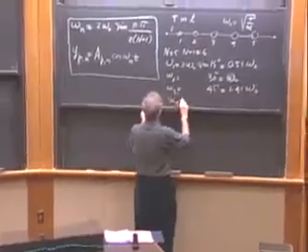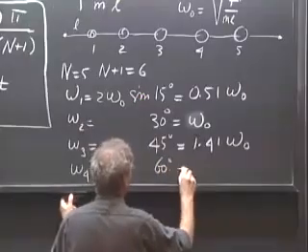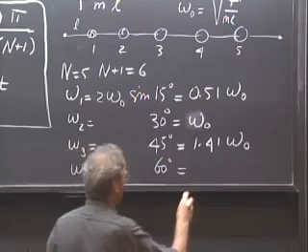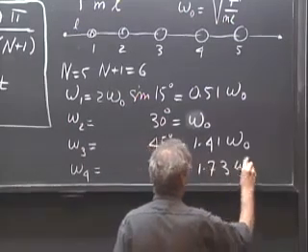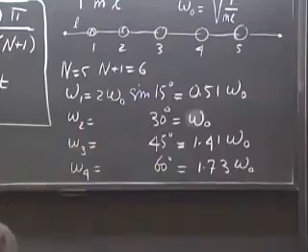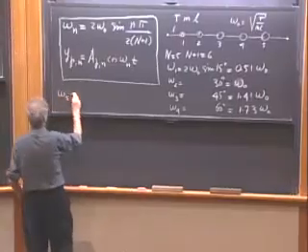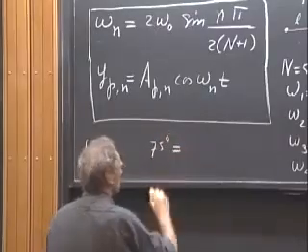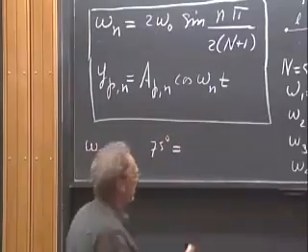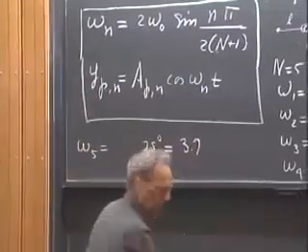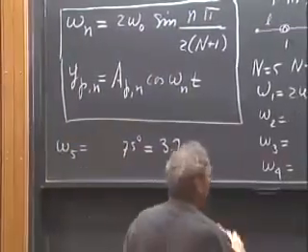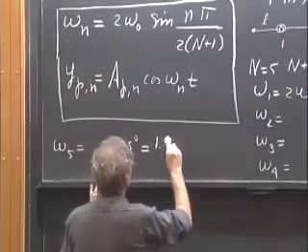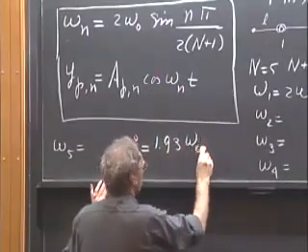Then I go to omega 4, and so I get 60 degrees, and that can only be approximated again by about 1.73 omega 0, and then I have omega 5, which is the last one, so I get the sine of 75 degrees, and that then becomes 3.73, no, 1.93 times omega 0.